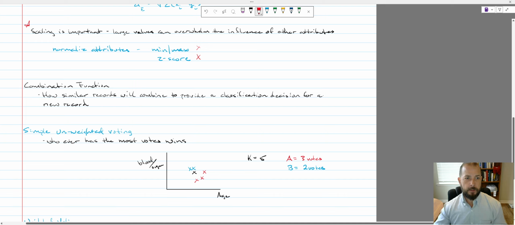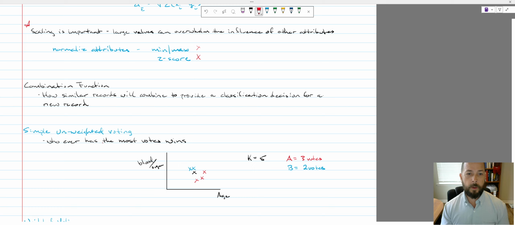With simple unweighted voting, in the K nearest neighbors model, whoever has the most votes is going to win.